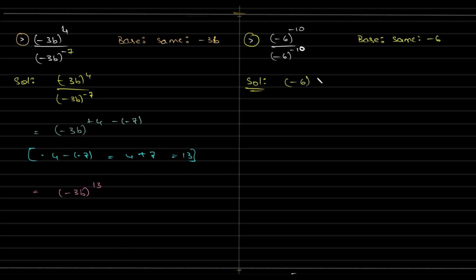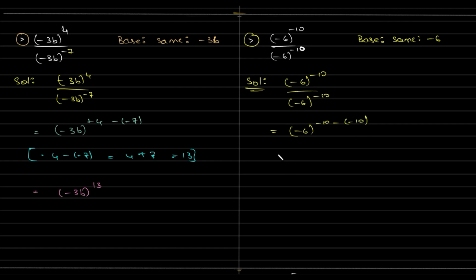So negative 6 to the power of negative 10, negative 6 to the power of negative 10. Actually, you need not do this. It's the same thing. We can just cancel and write it as 1. But I'll show you the exponent way. Negative 6, negative 10 minus of negative 10.